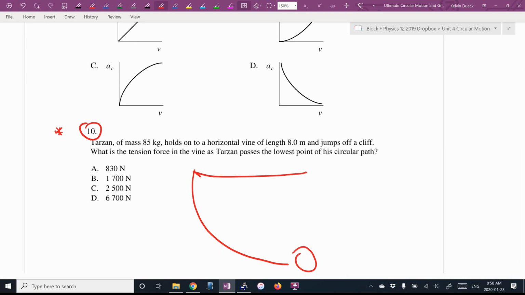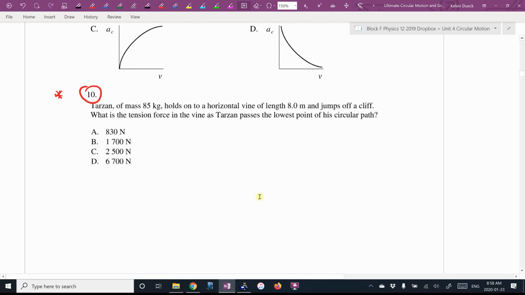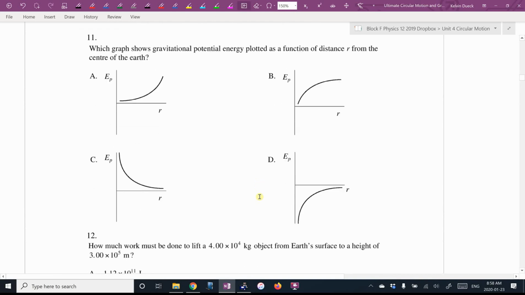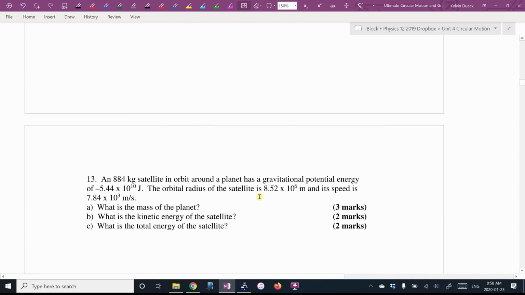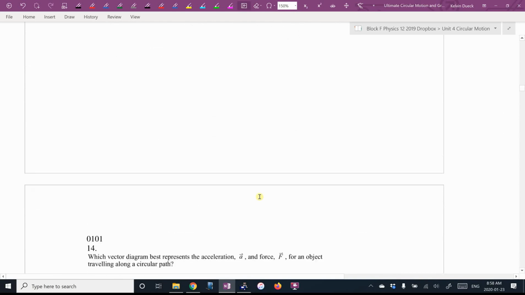What force is pulling you in a circle? Well, it's the rope, but what's holding you on the rope is your hands, so your hands also have to be able to resist that tension force. You'll find it's a fair number of G's at the bottom, which is why people often face plant on rope swing. Just nerd trivia. Skip 11 for now, skip 12 for now, skip 13 for now.